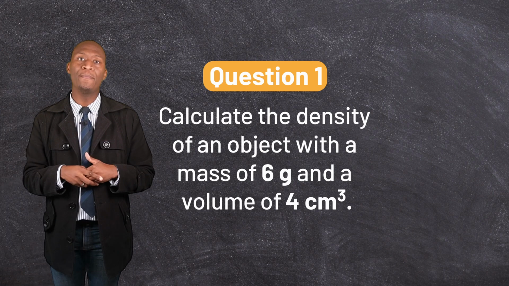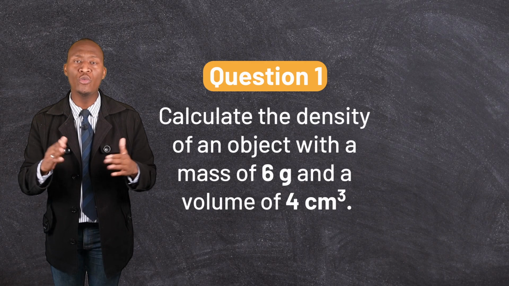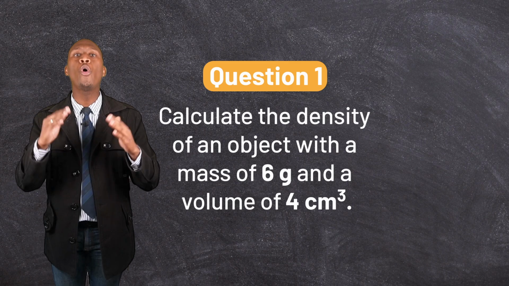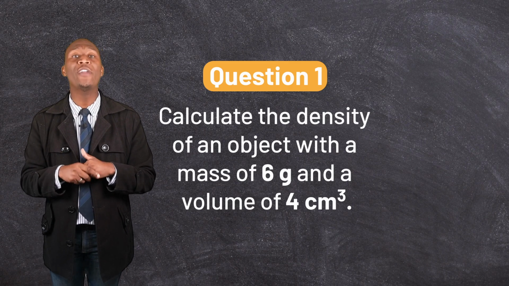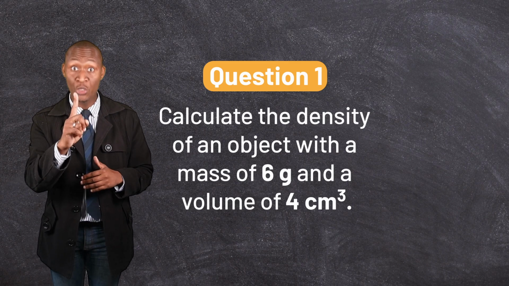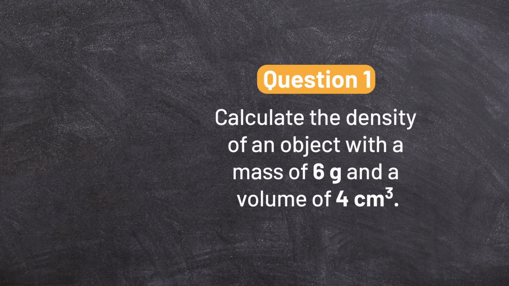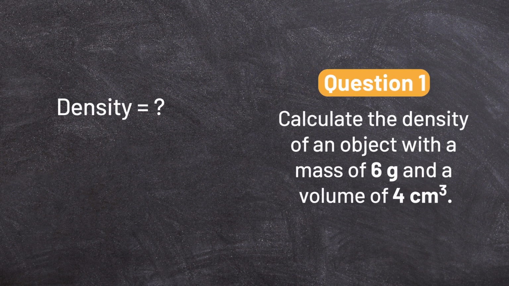The first step in solving any equation is the importance of writing down all the information for that specific equation. Let's do that. Now, if we look at this specific question, we can see that we are supposed to find the answer for density. What was given to us, grade 8s?